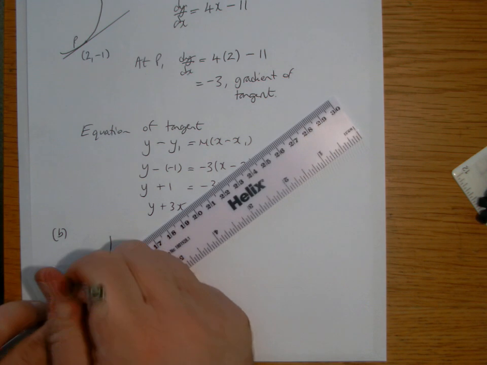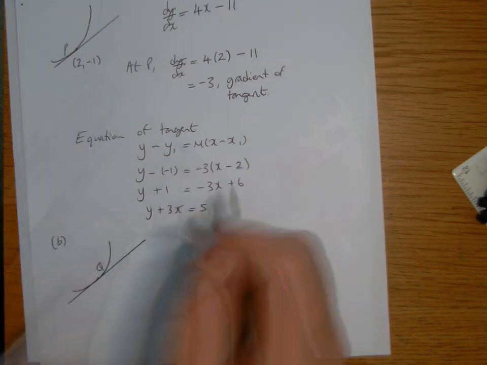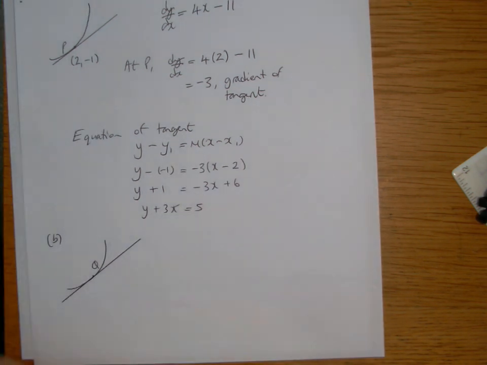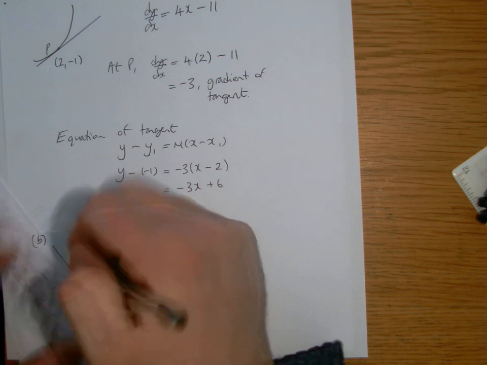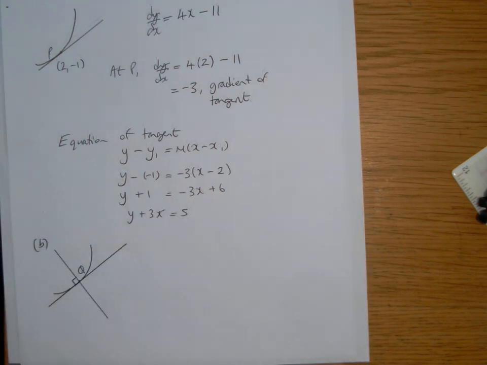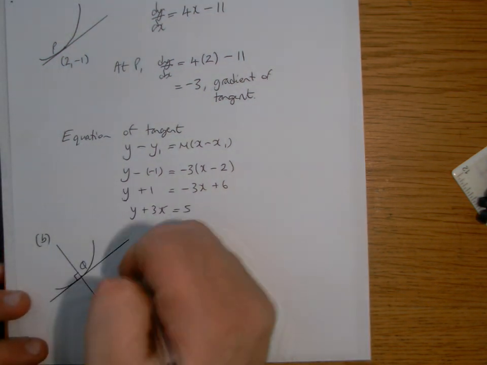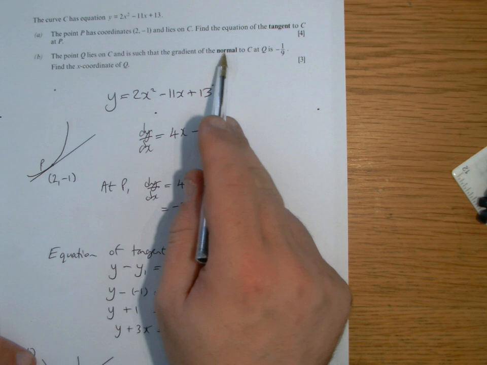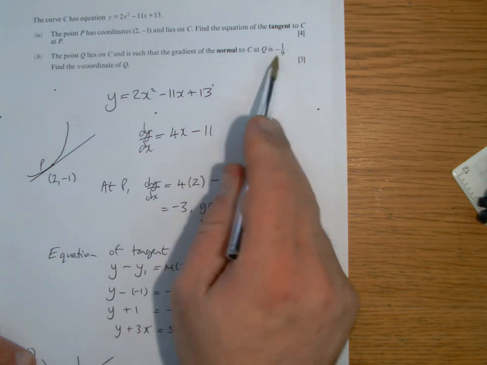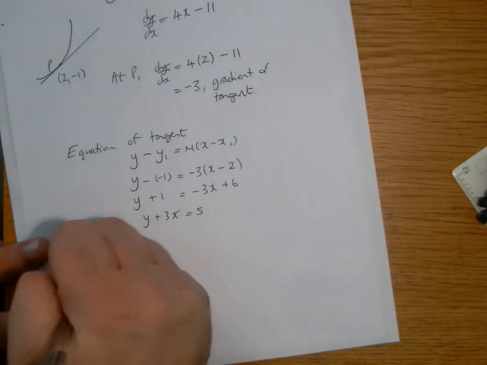Of course, we know about drawing the tangent there, and then the normal will be at right angles, perpendicular to the tangent, yeah? Now we're told that the gradient of the normal, and they've bolded it there for us to realise, is minus 1/9.